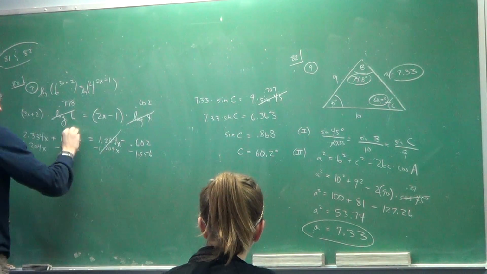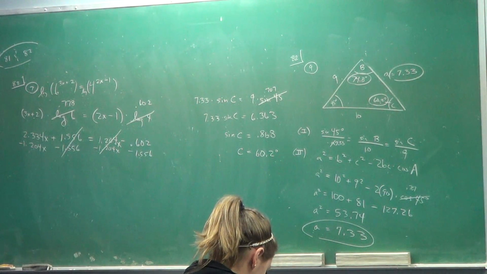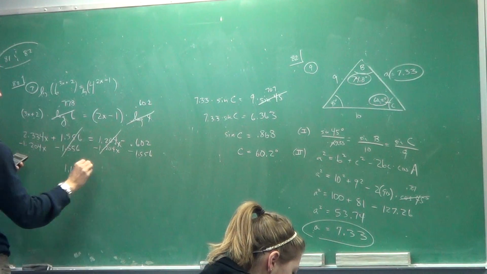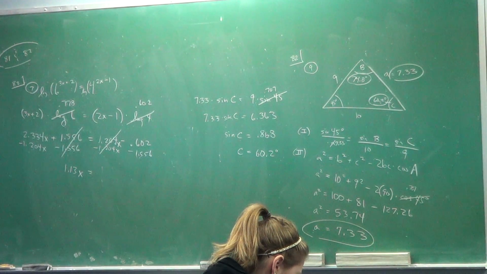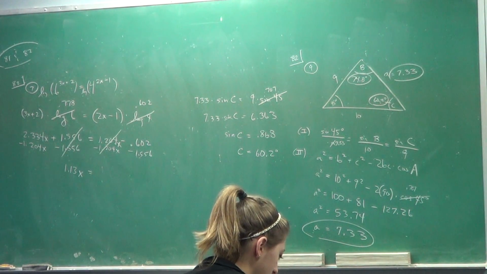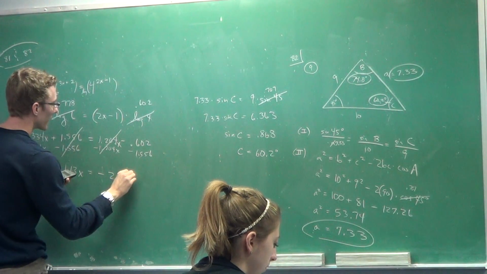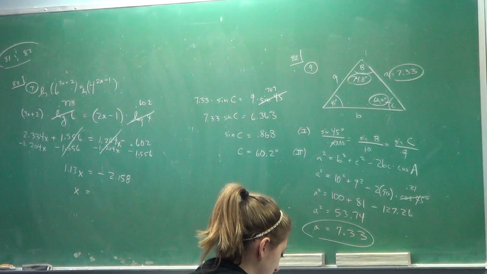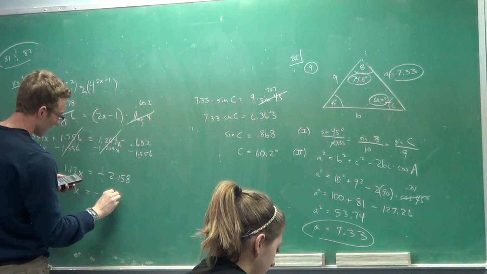So on the left side we have 2.334x minus 1.204x, which is 1.13x, and on the right side we have negative 0.602, and we're subtracting 1.556. That's negative 2.158. To get x by itself, we have to divide the 1.13 away. And when we do, we get negative 1.91.